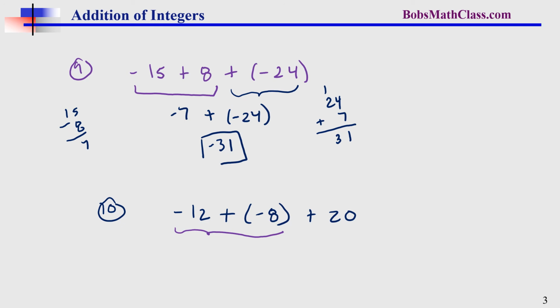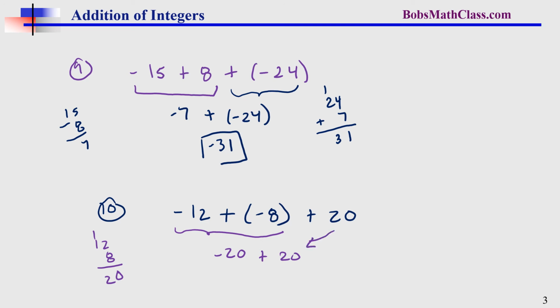What's negative 12 plus negative 8? Right, they're both negative, so we're going to add the two numbers. Let's see, 12 and 8. Oh, it's 20. So it's a negative 20. And then we bring down the plus 20 over here.